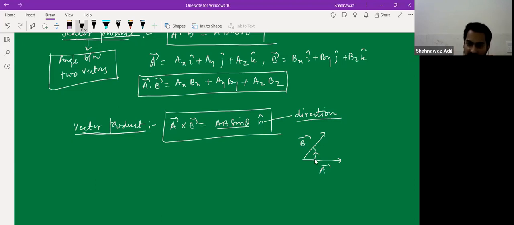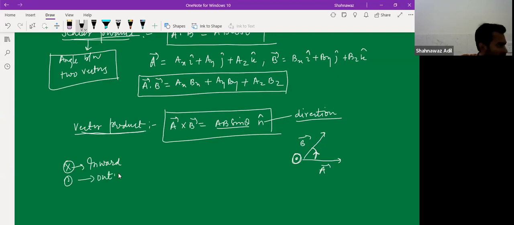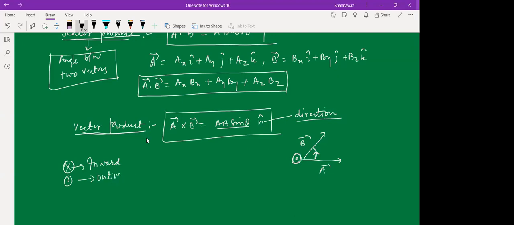So in this case, the cross product is coming out of this plane. So this would be the direction. This direction shows that the vector is coming out of the plane or the board, and this direction shows the inward direction. This is inward and this is outward. Okay, give me 1 minute, please.